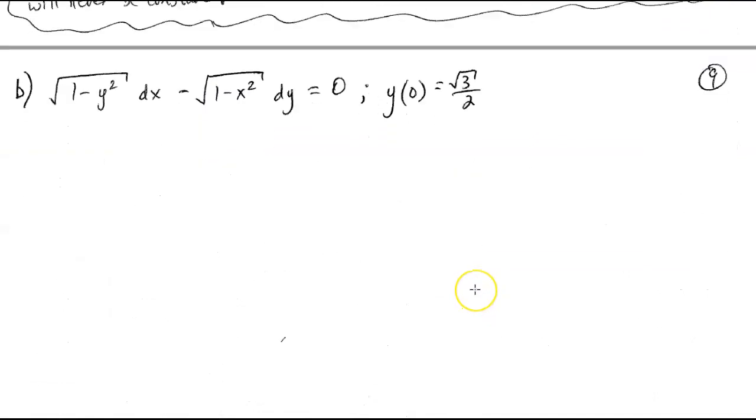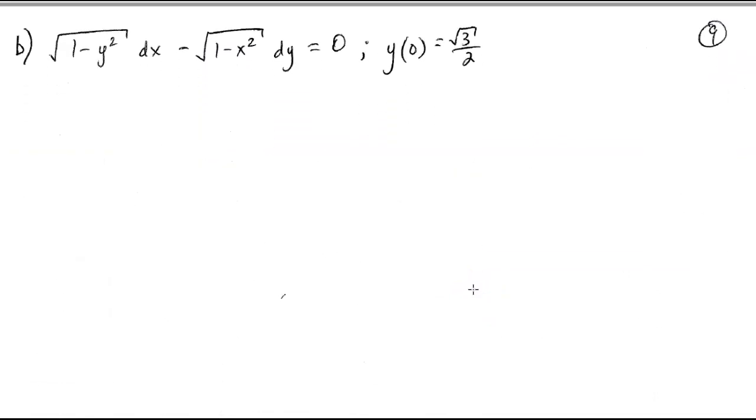All right, so let's move on to this example. All right, so for this example, we want to do the same thing, find dy over dx. So we can start off by just adding the square root of 1 plus x squared dy to both sides.